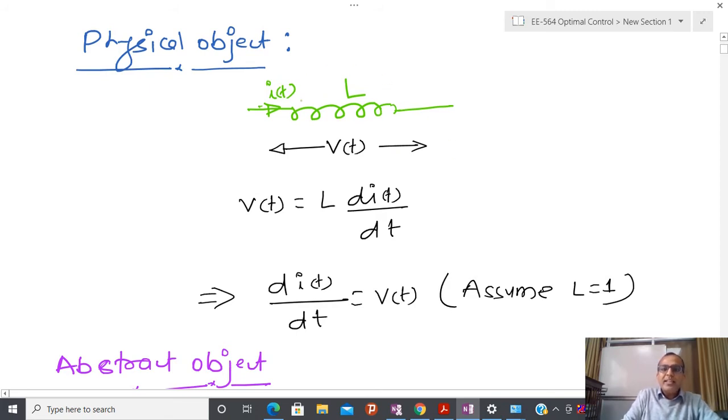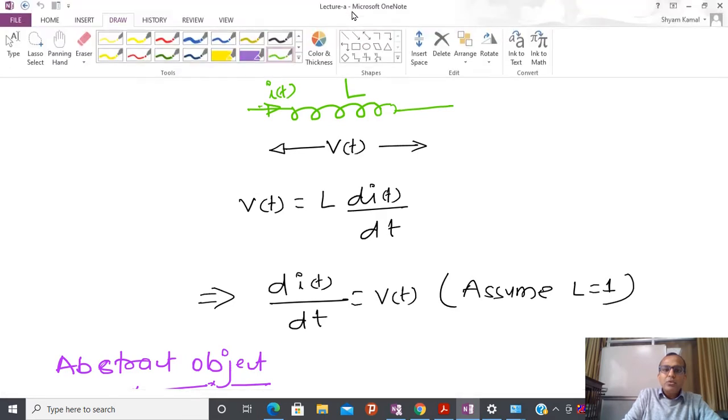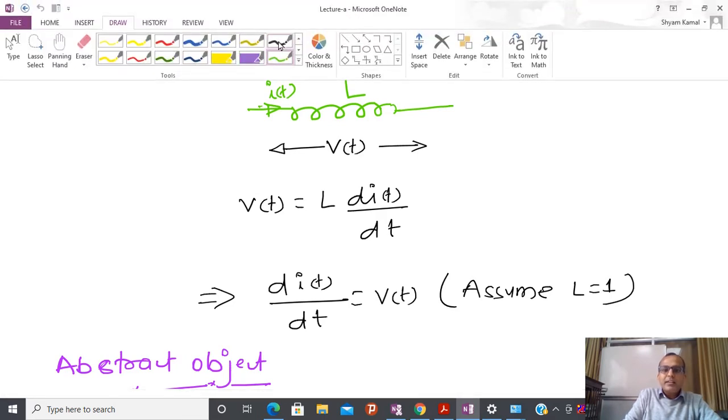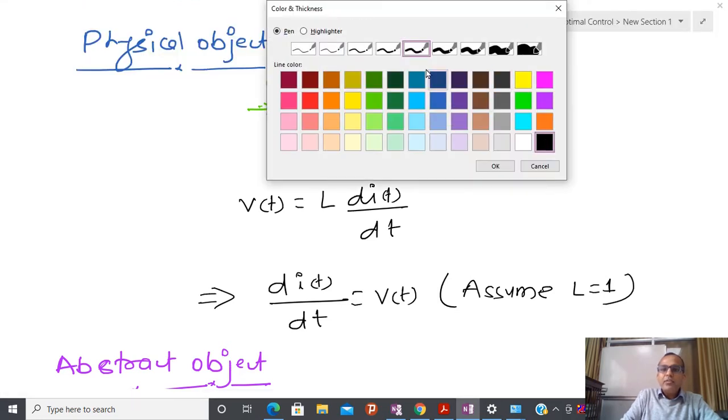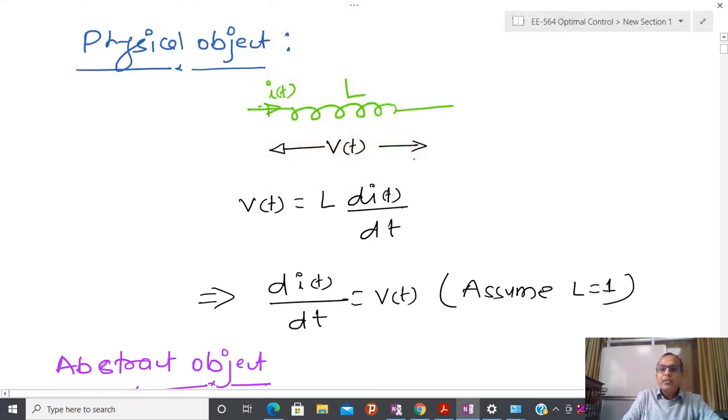So here you can see the symbolic notion of the inductor. I hope that you are all already well aware of the basic idea of the resistor, inductor or capacitor. Due to that reason I have selected this element.